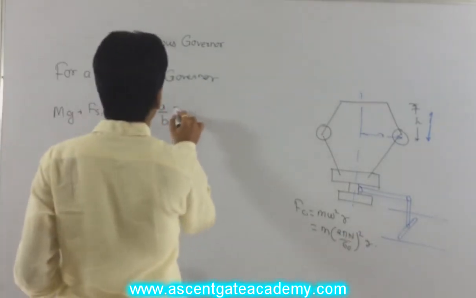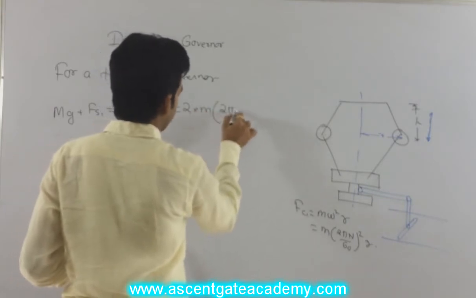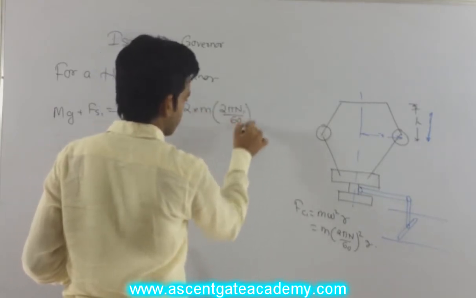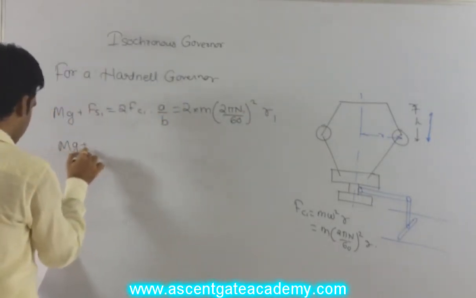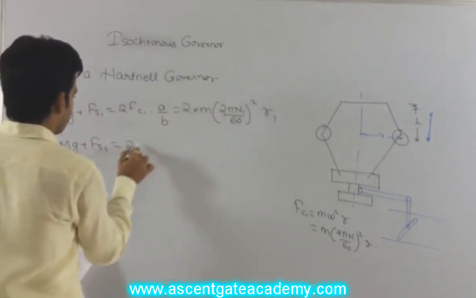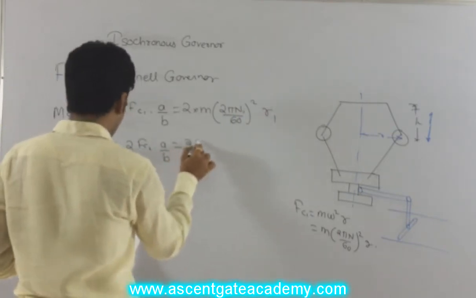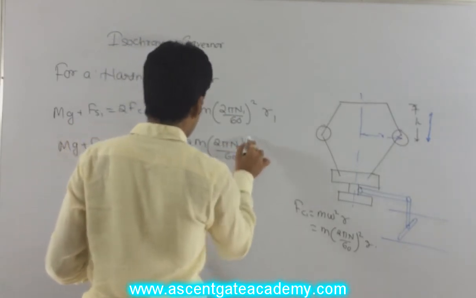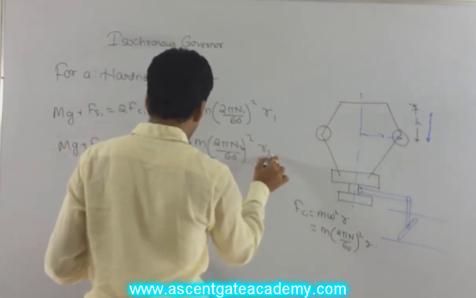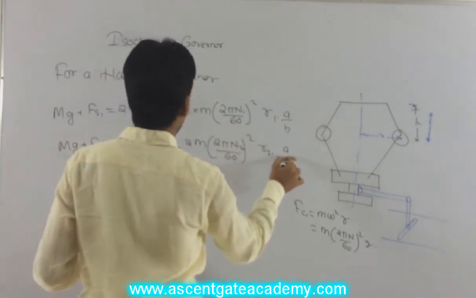This will be equal to 2 into m into (2 pi n1 by 60) whole square into r1. Similarly, mg plus fs2 is equal to 2 fc2 into a by b, which is equal to 2m (2 pi n2 by 60) whole square into r2 into a by b.